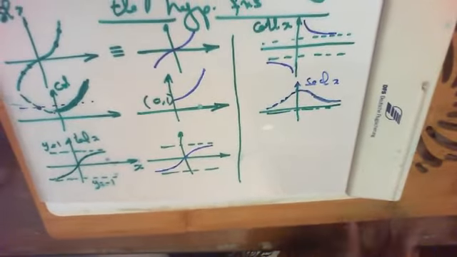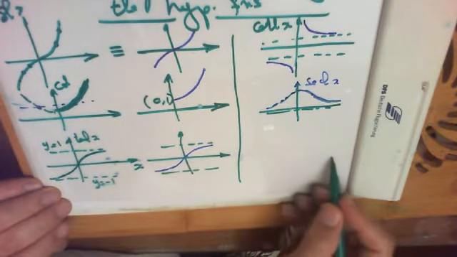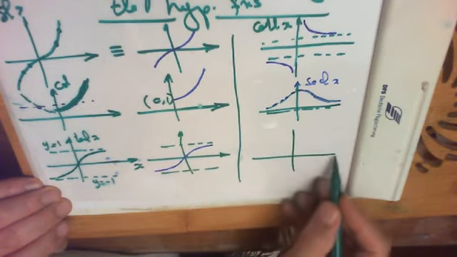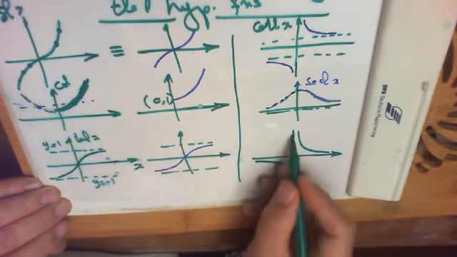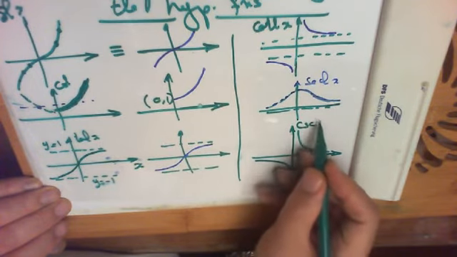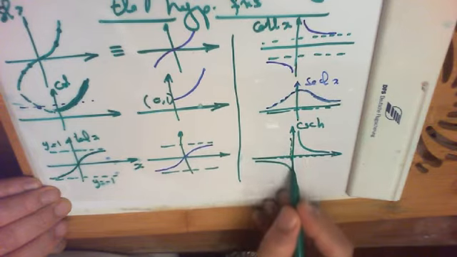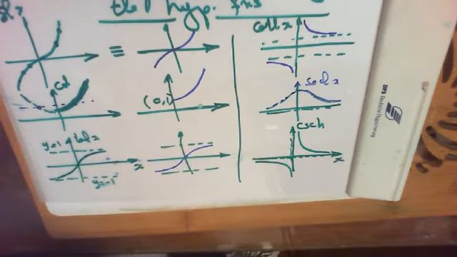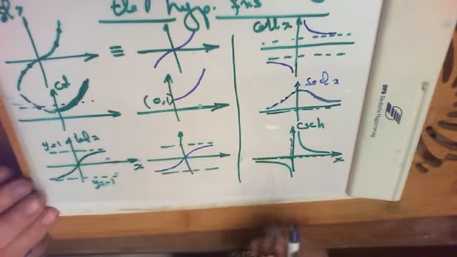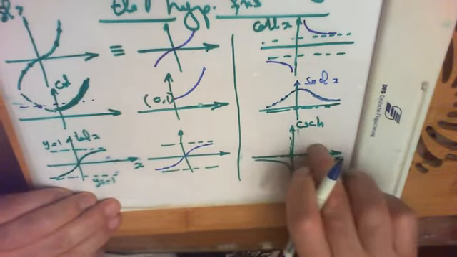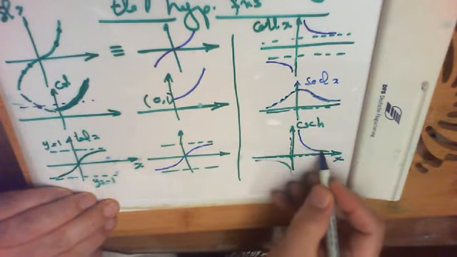What about cosech? Cosech was like this. Any horizontal line will intersect in only one point, so it is the same as the original curve. The principal branch is the same, no change.